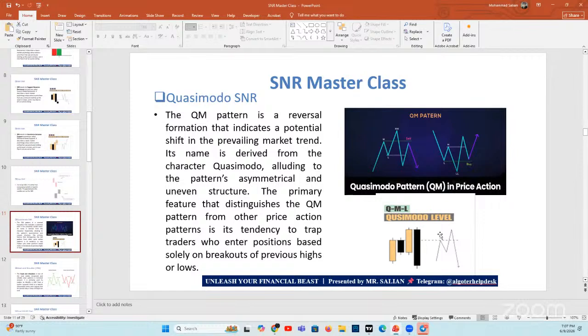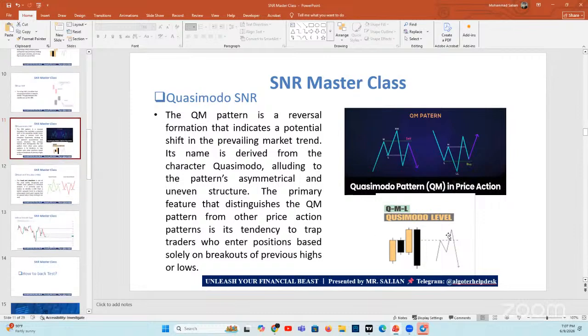When you see a pattern like this, it's the QM. You will see this in the chart every time, even in the 1 minute time frame. When you see this, there's the left shoulder, the head. When it breaks down this neckline, that's the QM. That's the time to sell.